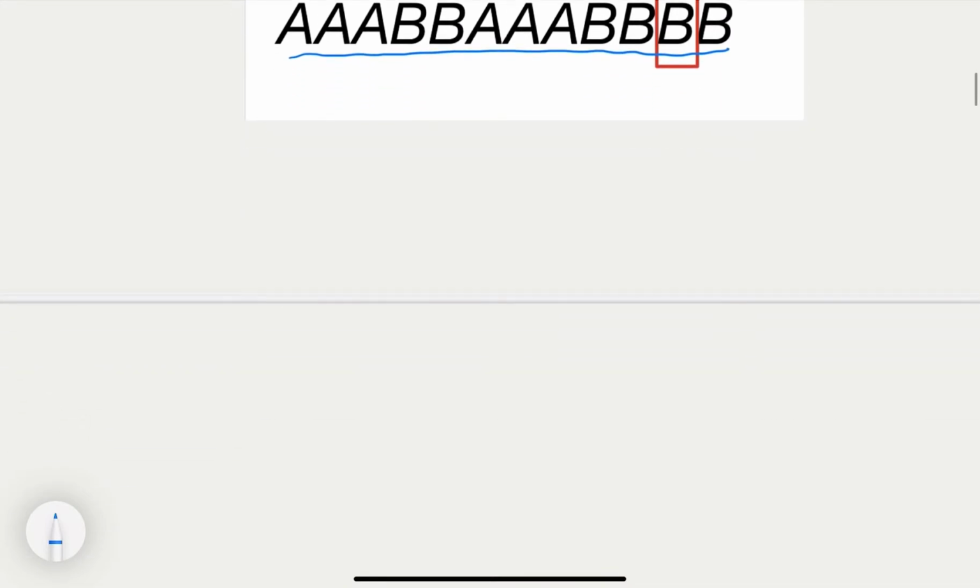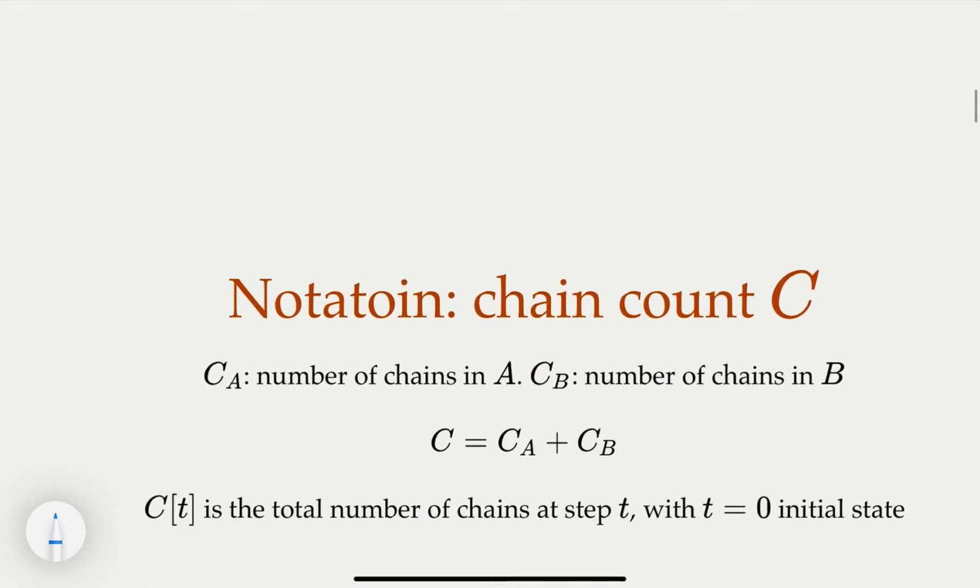Now we're going to introduce some notation. A chain is defined as a run of the same type. I'm going to keep track of the chain count: how many chains do we have in the sequence? C sub A is the number of chains of coin A, and C sub B is for coin B. The total is the summation of the two.